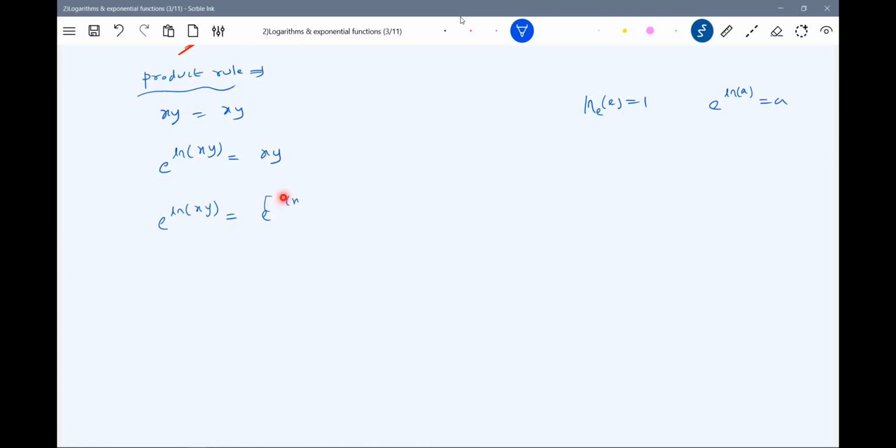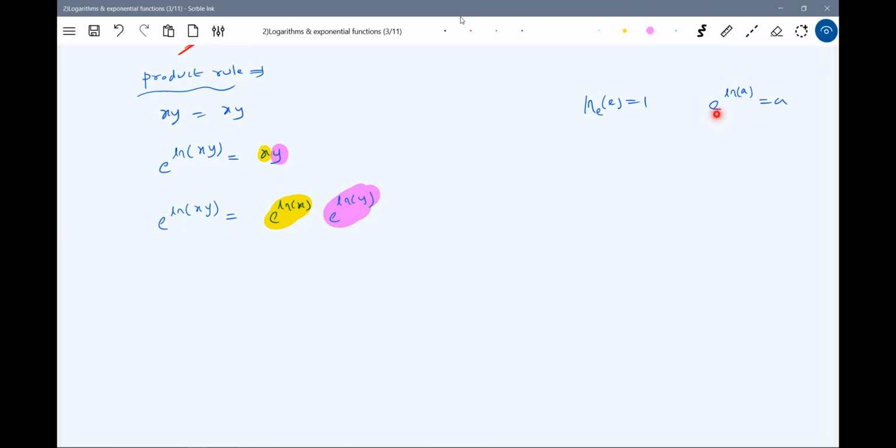Oh, sorry, I think I made a mistake, there's a product of two numbers, no? So it is e to the power of log x into e to the power of log y. I think you are getting confused. No problem.